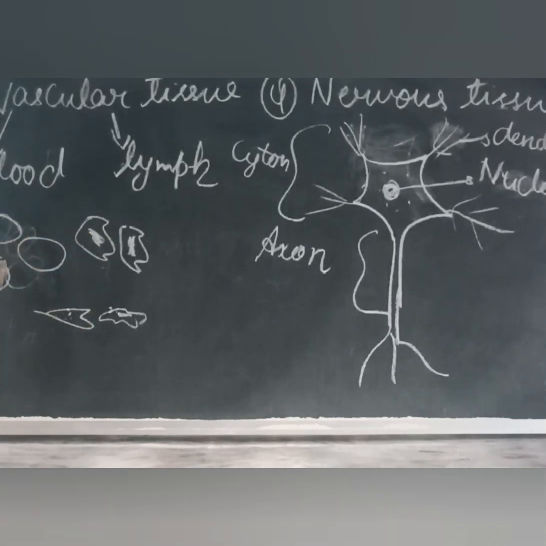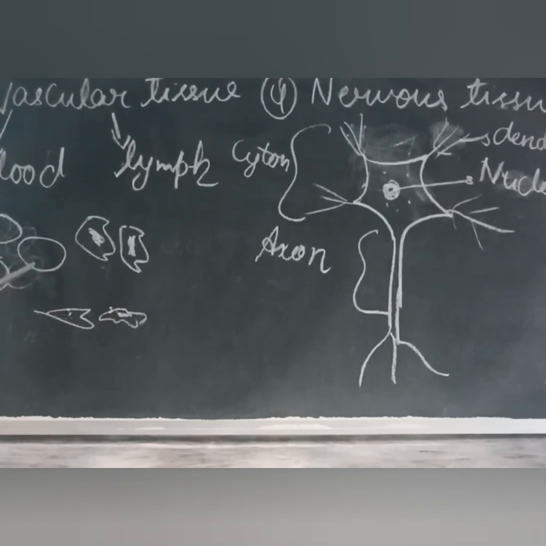Red blood cells are disc shaped, white blood cells are amoeboid shaped, and the third one is the platelets. Red blood cells carry oxygen from the lungs to other parts, white blood cells protect against infections, and platelets help in the clotting of our blood.